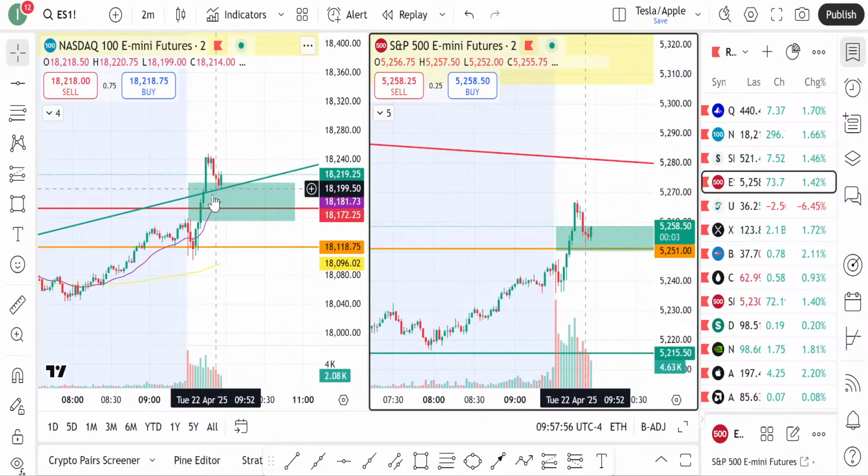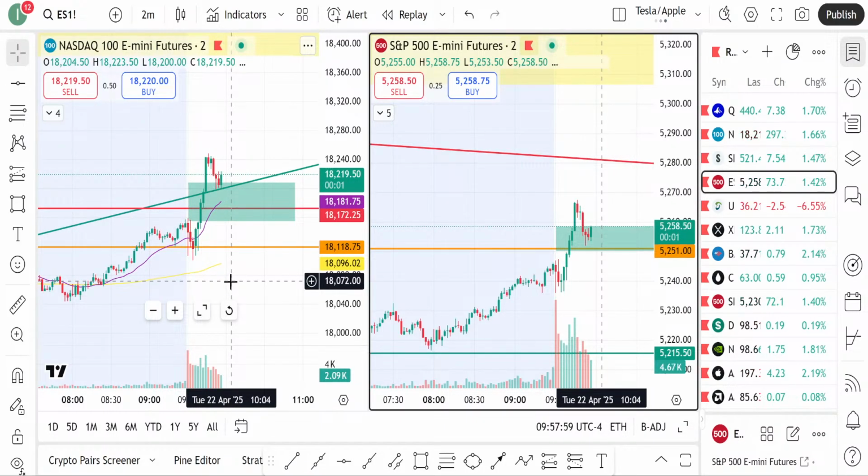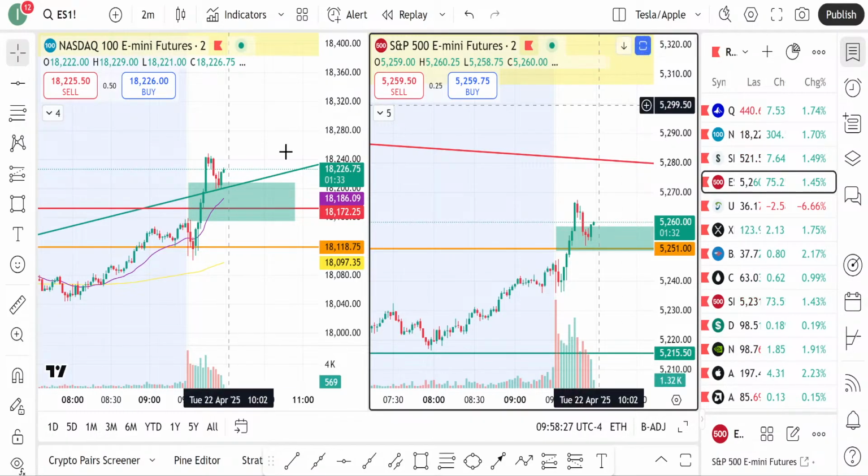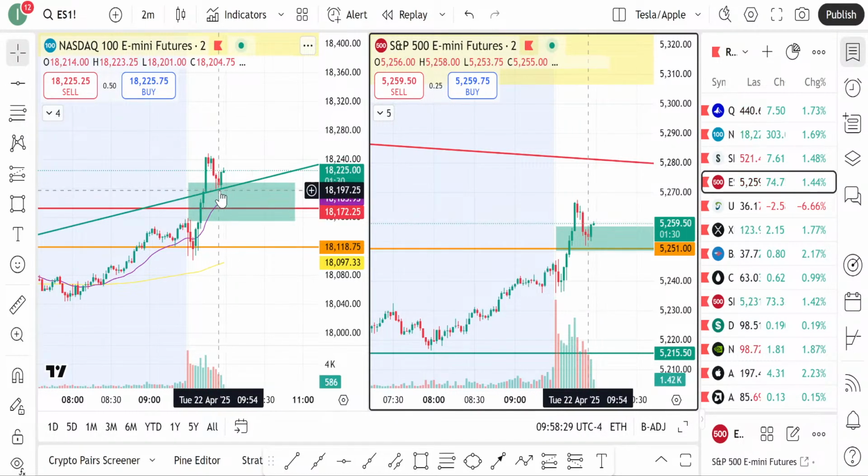Want to see strong buying candles. Looks like we're getting some buyers here.